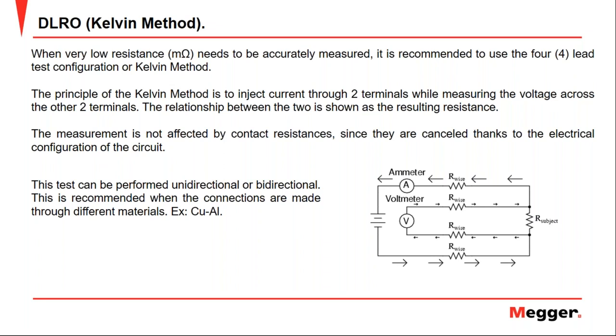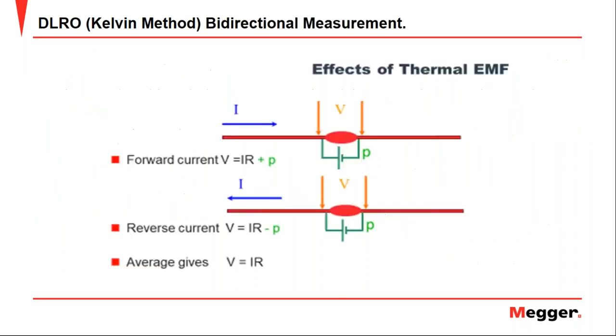This test can be performed unidirectional or bidirectional. This is recommended when the connections are made through different materials. Let's take a look at the thermal effect, or the Seebeck effect. What do we mean when we talk about bidirectional?